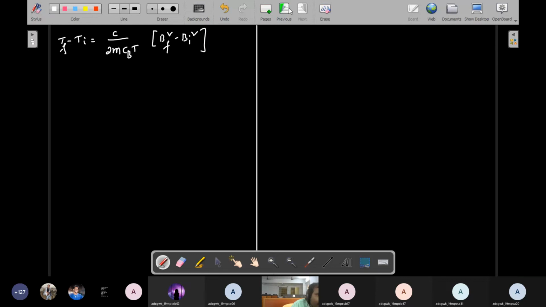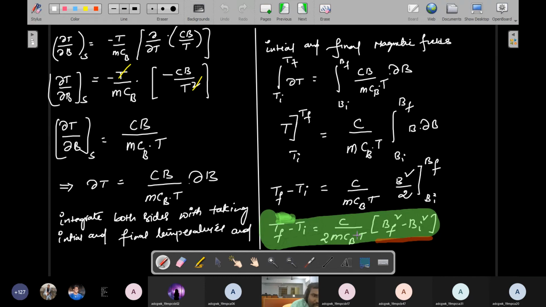So this equation comes from the previous case, with the final magnetic field and the initial magnetic field.